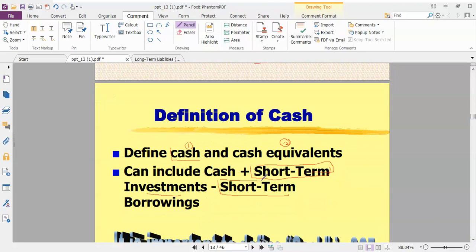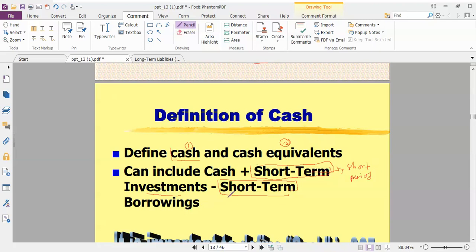So cash includes cash plus short-term investment. Short-term means a short period. We invest in a portfolio, or in a bank or financial institution, for a short period. That we call short-term investment.